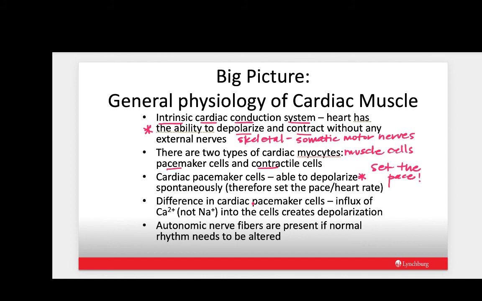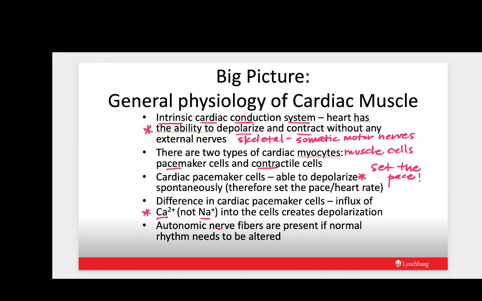There is a difference in cardiac pacemaker cells in that the influx of calcium causes depolarization. And if you recall, in skeletal muscle cells, it is the influx of sodium that causes depolarization. So this is a little bit different. It's the influx of calcium.